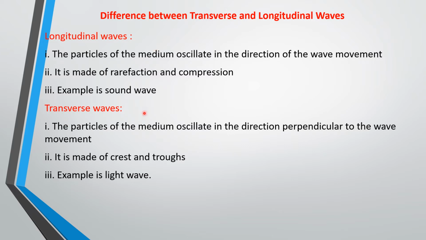In the transverse wave, the particles of the medium oscillate in a direction perpendicular to the wave movement. That was what we said before. Then it is made up of crests and troughs. An example is a light wave. Okay, so this is just like a summary page of what we have discussed before about longitudinal wave and transverse wave.